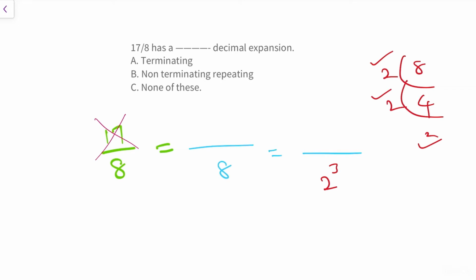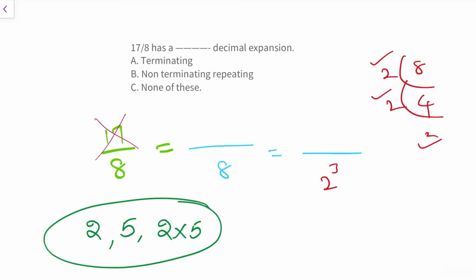Now we need to check in the denominator whether only the number 2 is there, or only the number 5 is there, or only 2 and 5 are there. If these are there in the denominator, then that kind of number is terminating. Otherwise it will have a non-terminating repeating type of decimal.